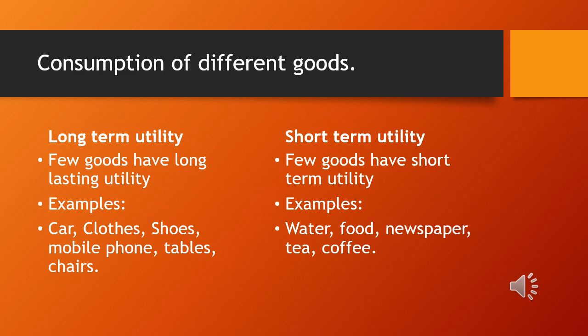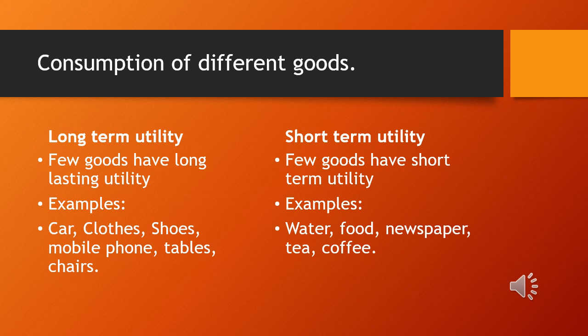My dear students, when we use or consume any item, its utility varies. Few goods provide long-lasting utility, or we can say can be used for a long time, and on the other hand, the goods and services which are needed again and again have a short-term utility. Few goods have long-lasting utility.